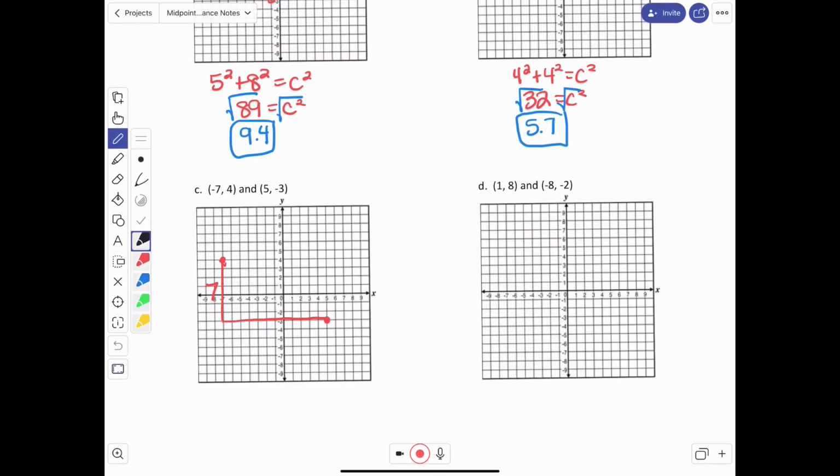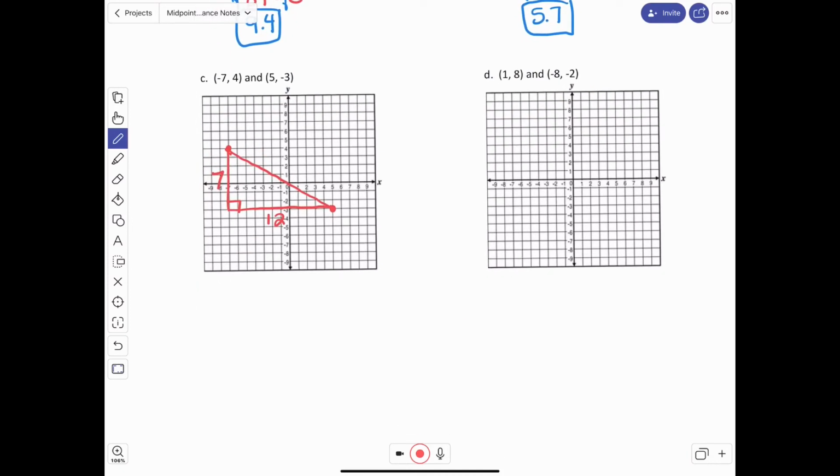So on this problem, we had our coordinates marked, and we've got 7 was the height here. And if we count going across, we've got 1, 2, 3, 4, 5, 6, 7, 8, 9, 10, 11, 12. 12 is going across the bottom. So if we connect our 2 points, we have our right triangle.